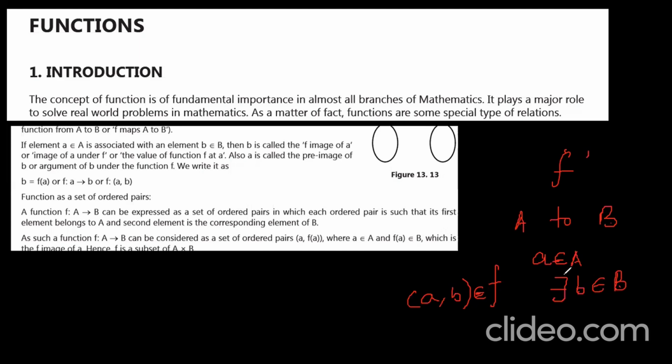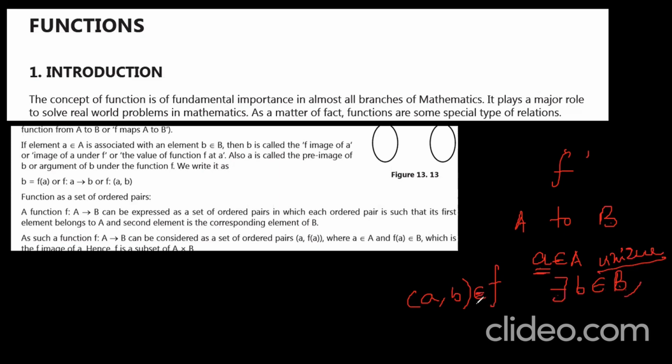Okay, you see what is that? F is a relation, said to be a function or mapping or correspondence from A to B, if for each and every element a belongs to A, there exists a unique b belongs to B. This is the keyword: unique.